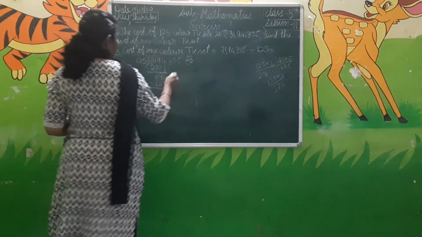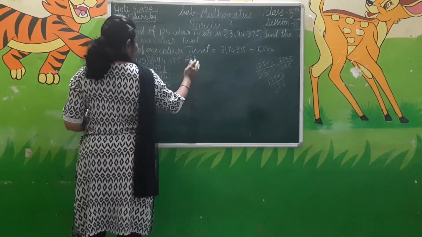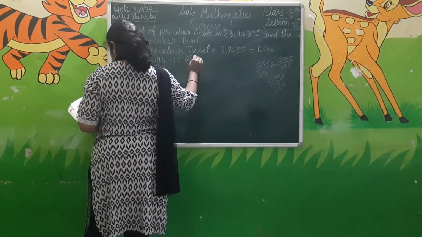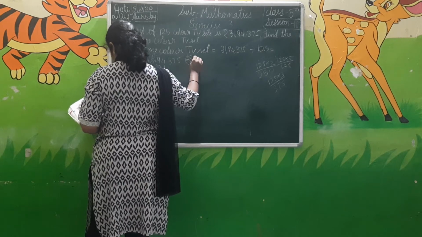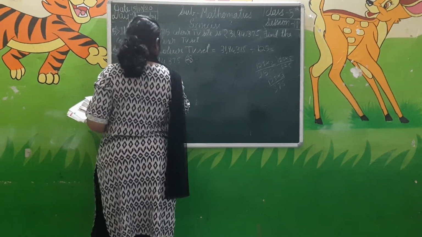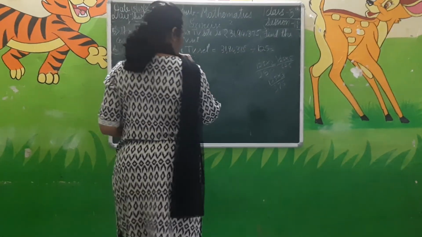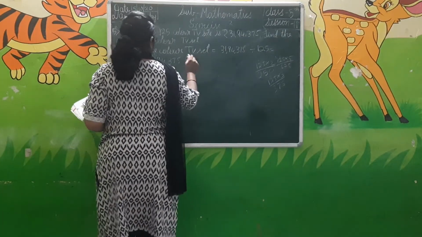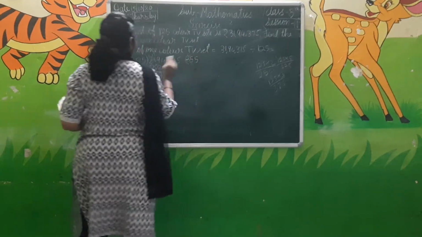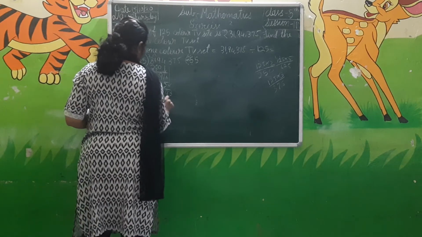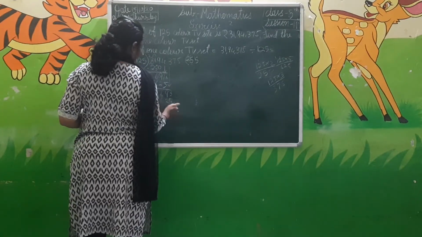So we can take 5 itself. 125 into 5, that is 625 itself. In 3 we can't deduct 5, so it is 13. 13 minus 5 is 8. Here it will be 8. 8 minus 2 is 6 itself. 6 minus 6 is 0.